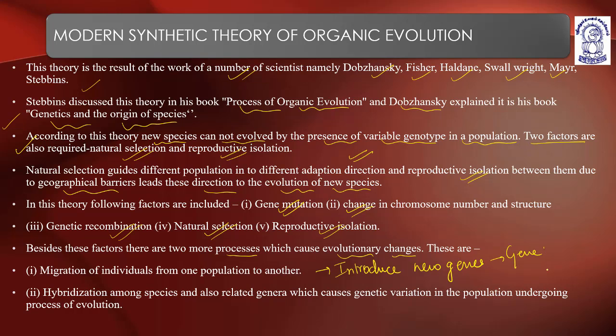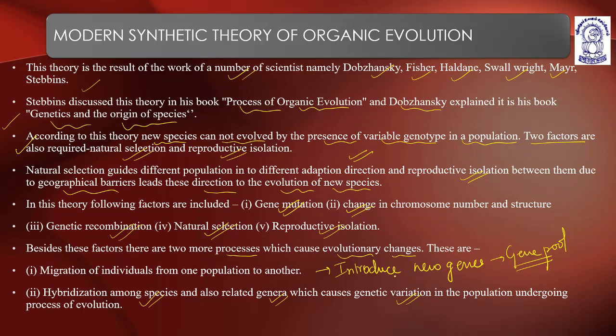The new gene frequencies can lead to the formation of some new characters and may lead to organic evolution. The other is hybridization among some species, meaning mating, making hybrid vigor or genetic recombination, also among related genera, which causes genetic variation in a population undergoing evolution.